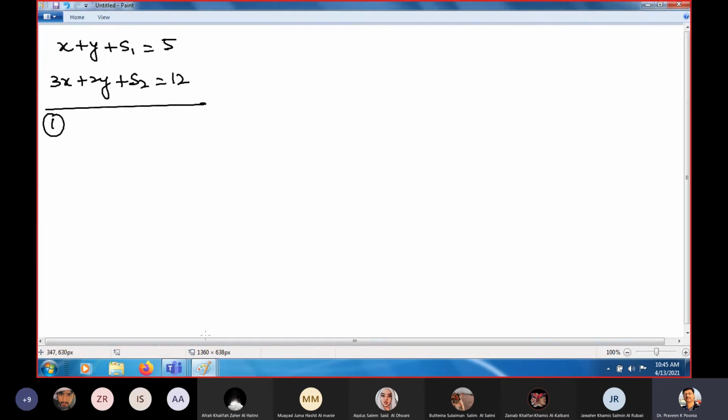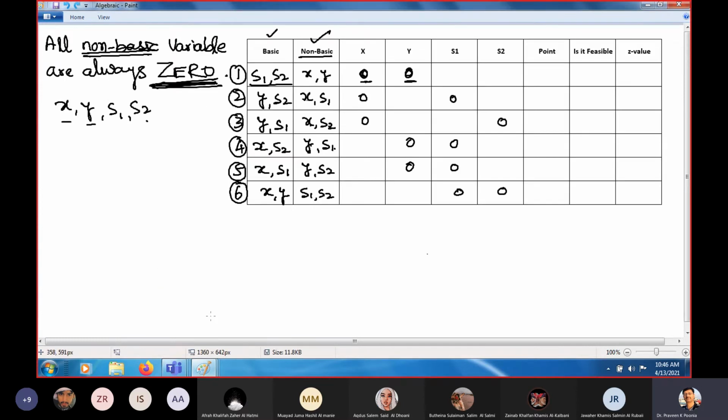So X 0, Y 0: 0 plus 0 plus S1 is equal to 5. 0 plus 0 plus S2 is equal to 12. So S1 is 5, S2 is 12.